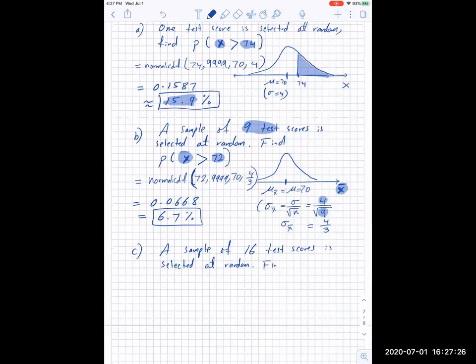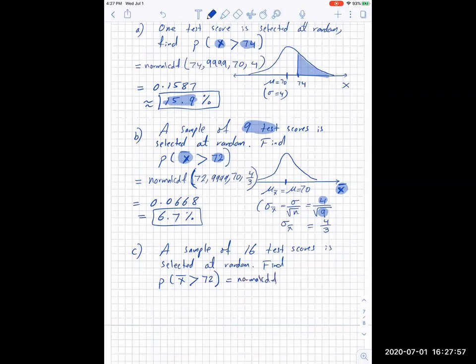Find the probability that the sample mean, the average of these 16 test scores, is greater than 72. Again, I'm interested in finding the chance, the probability that the average of these 16 test scores is greater than 72.